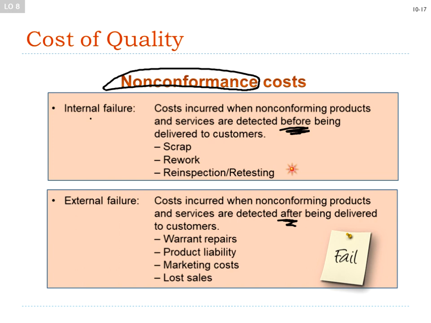When it's a cost after the customer receives it, they could file under their warranty, you might have product liability, and then you're going to have marketing costs and lost sales.